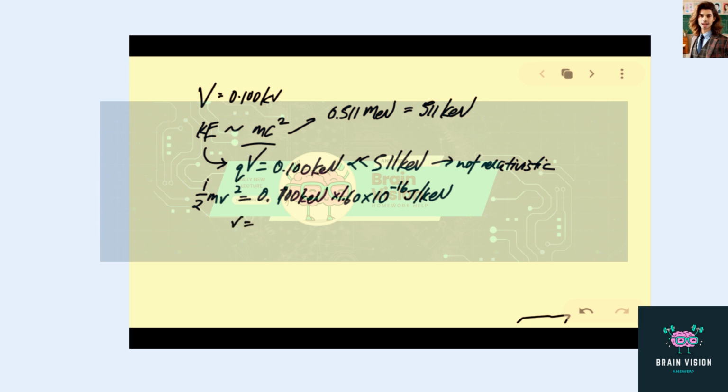You can find the velocity by taking 2 KE over m, take the square root, and we should get about 5.93 times 10 to the power 6, which is 2 orders of magnitude smaller than c. Therefore it is much smaller than c, and therefore is non-relativistic. We can ignore the relativistic effects.